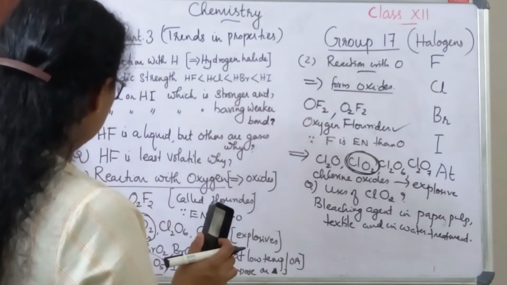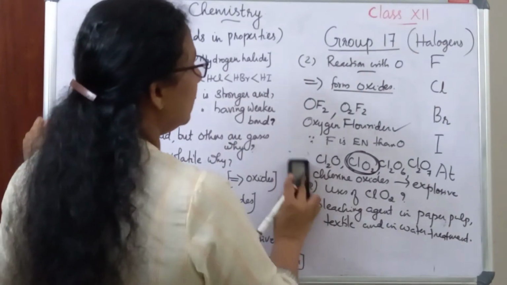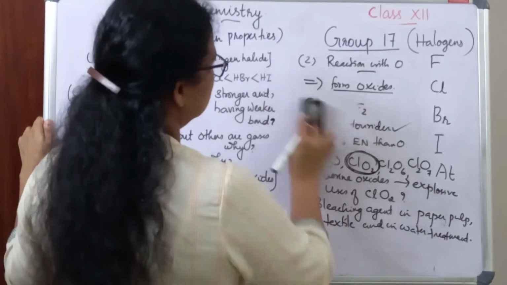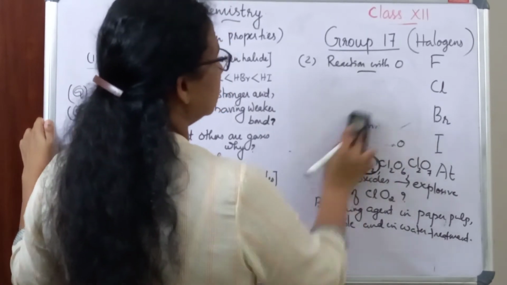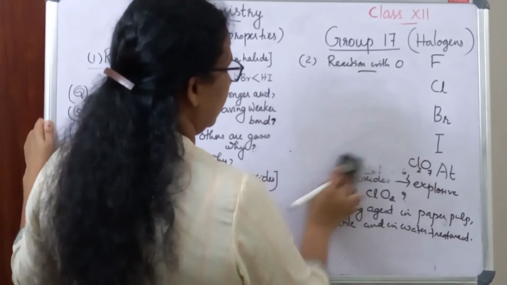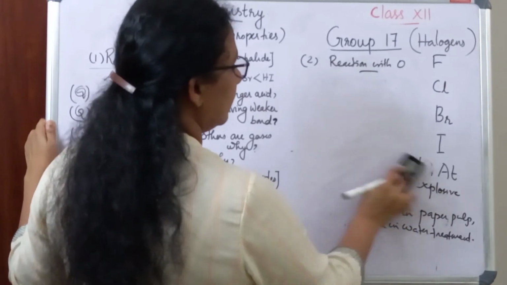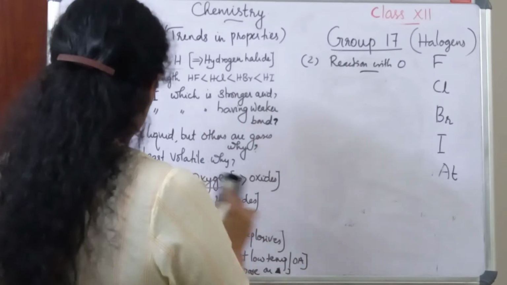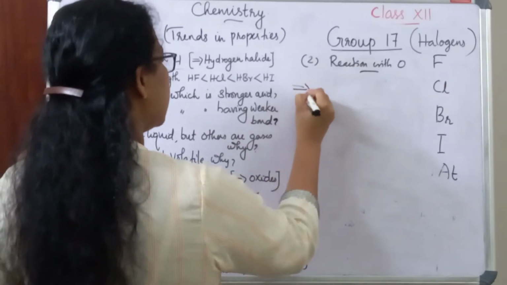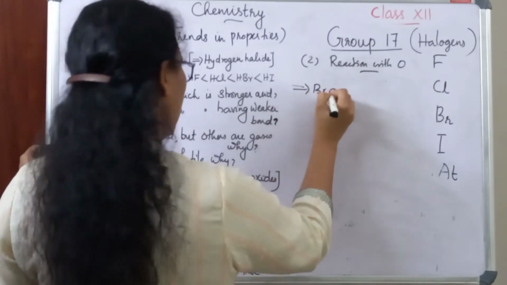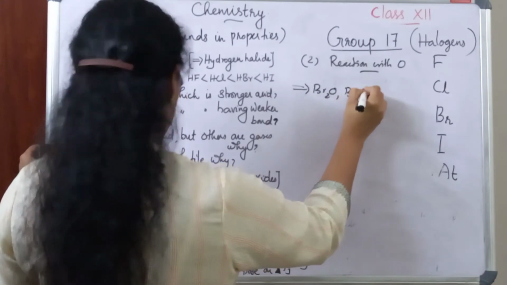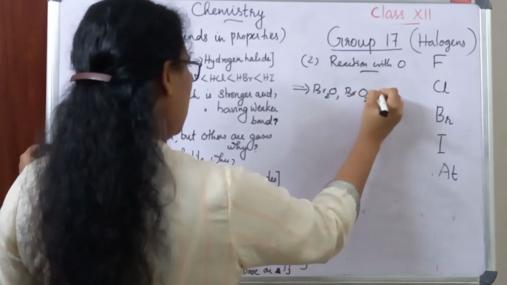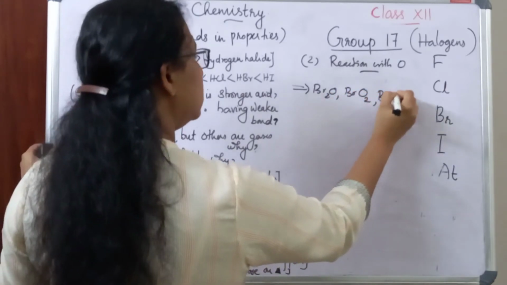Now let us see another oxides, that is bromine oxides. Bromine oxides are Br2O, BrO2, then BrO3.